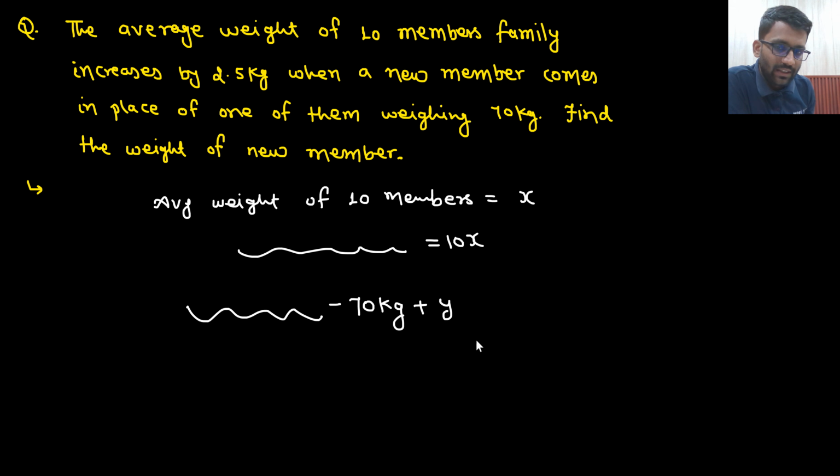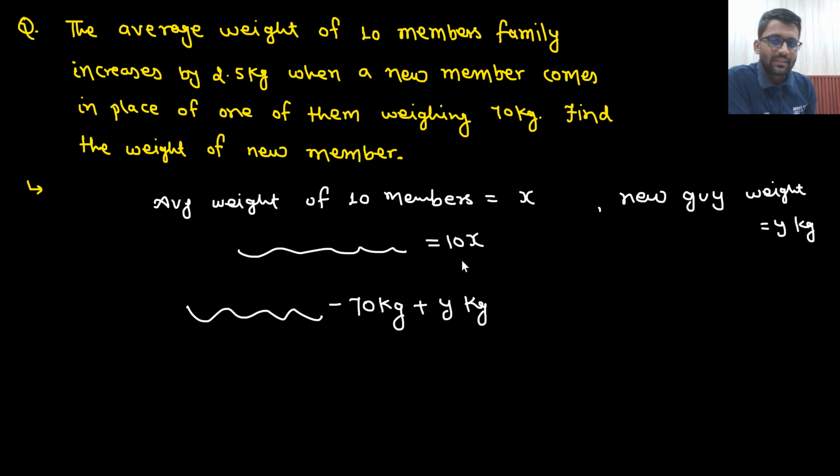Let's assume the new guy has a weight of y kg. There were total 10 members weighing 10x. Now a 70 kg guy has gone off, and a new guy came having a weight of y kg.